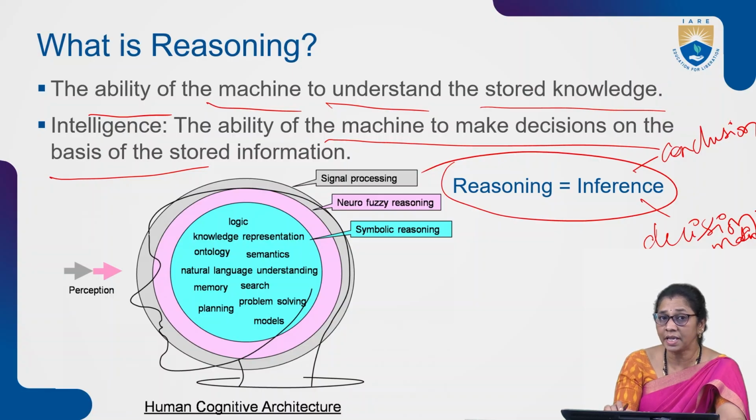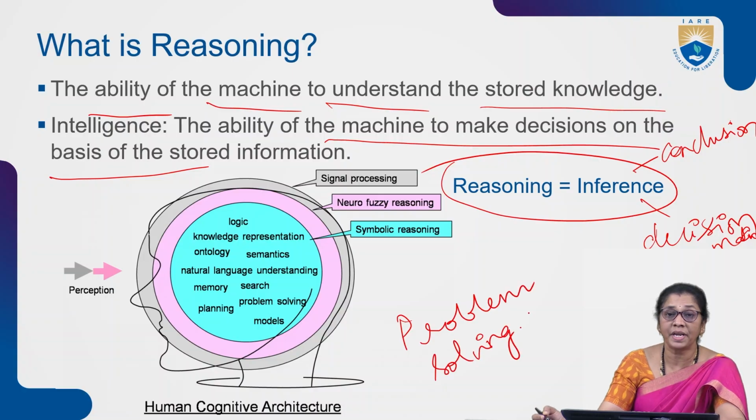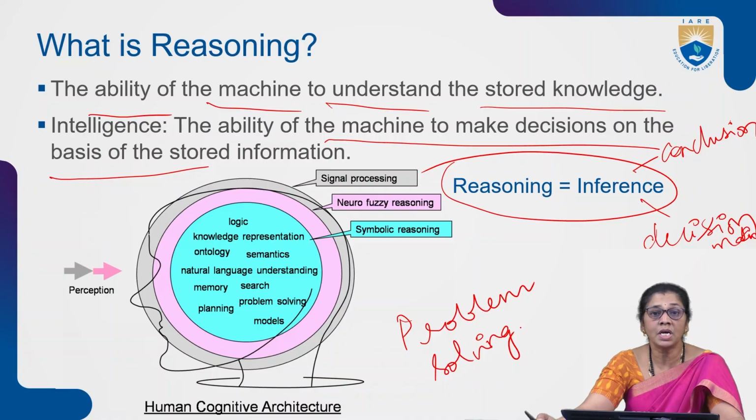And this conclusion may be for problem solving. So reasoning is important. That is why it is said that the ability of the machine to understand the stored knowledge. Now here we are talking about the human cognitive architecture. The reasoning is based on the human cognitive architecture.